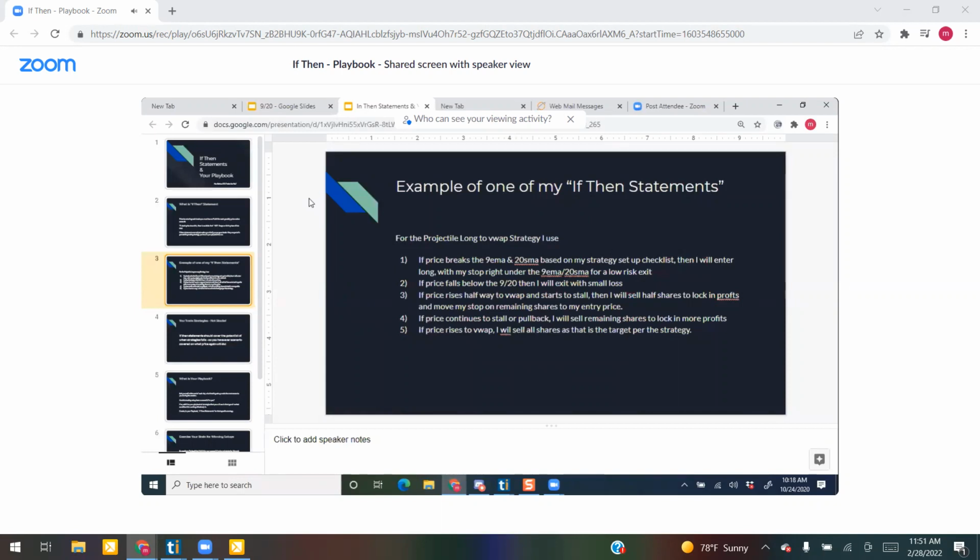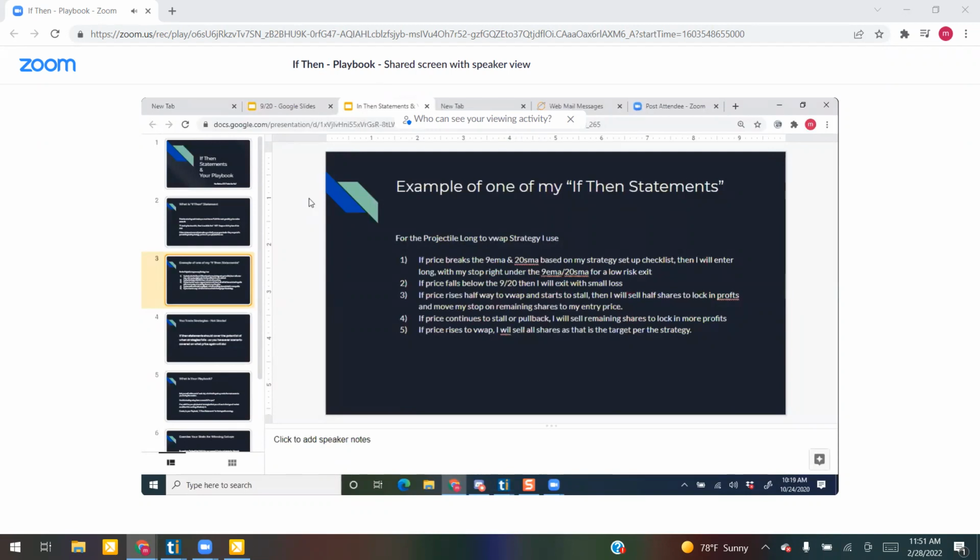Three, if price rises halfway to VWAP, which is a strategy, but then starts to stall, then I will sell half shares to lock in profits. Again, if price rises halfway, then I will do this. Four, if price continues to stall or even pulls back, then I will sell remaining shares to lock in profits.